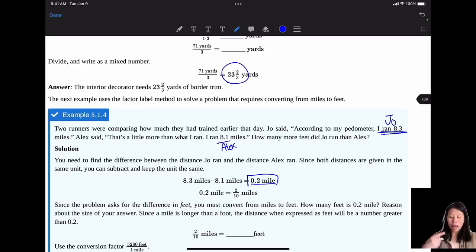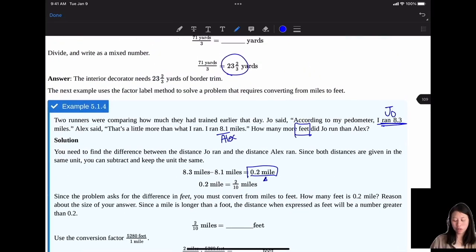Okay, but however, they ask you how many more feet. Now they're giving you the miles. So that means we want to convert it mile to feet. Okay, from a bigger unit to a smaller unit, we need to what? Times or divided by the conversion factor. We need to times it, right? We want to times the conversion factor.